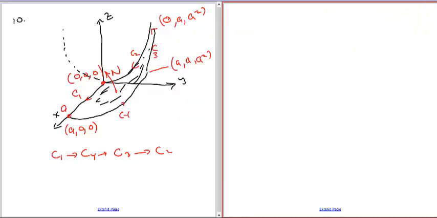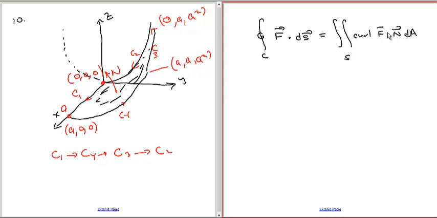So what we're trying to do here is verify Stokes' theorem, which says the integral around a closed curve of f dot ds is equal to the double integral over the surface of the curl of f dotted with n dA.